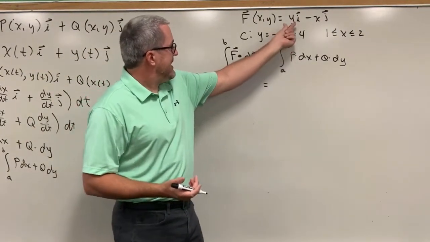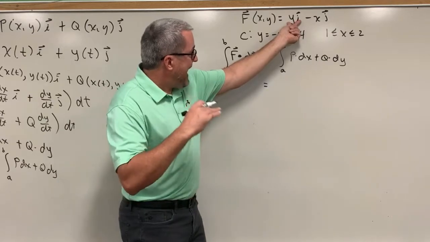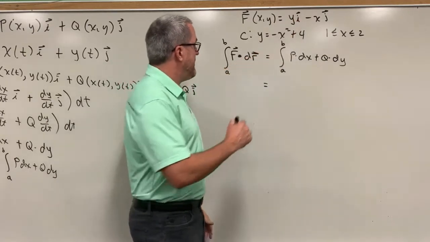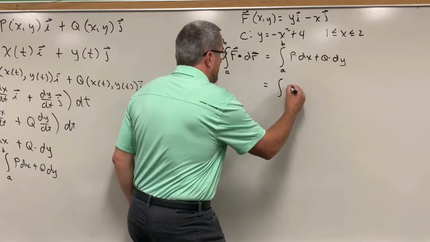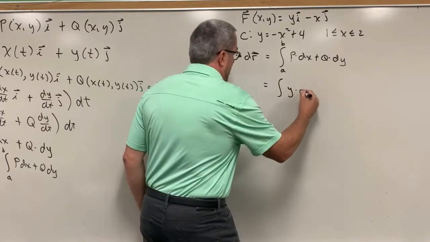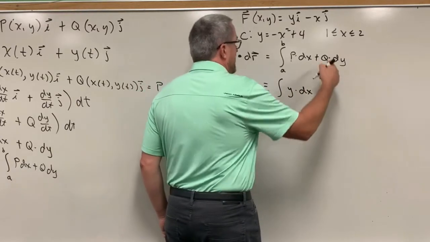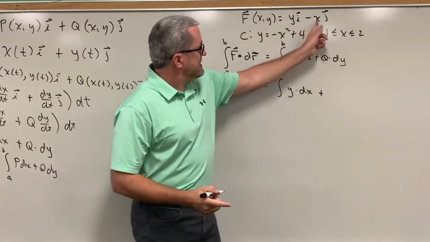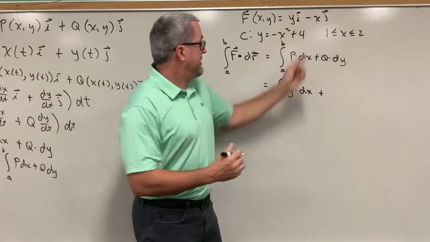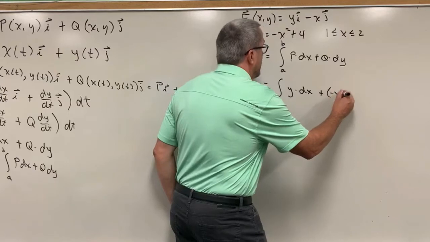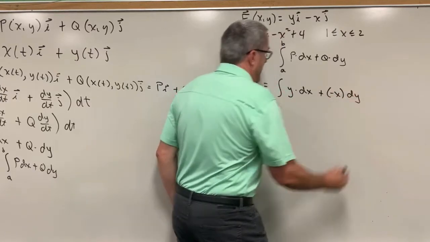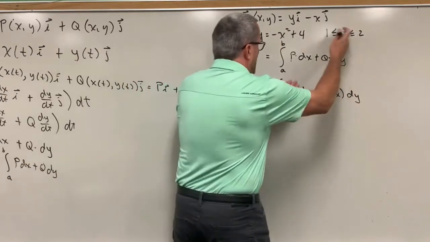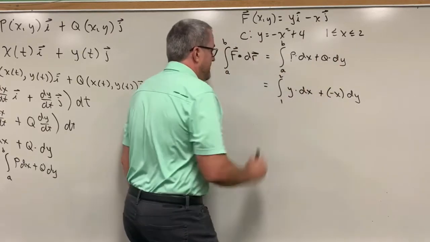P was the horizontal or the i component within our vector field. So P is going to be y. So it's y dx plus Q. Q was the j component from our vector field. So negative x dy. And we're going to run this thing from 1 to 2.